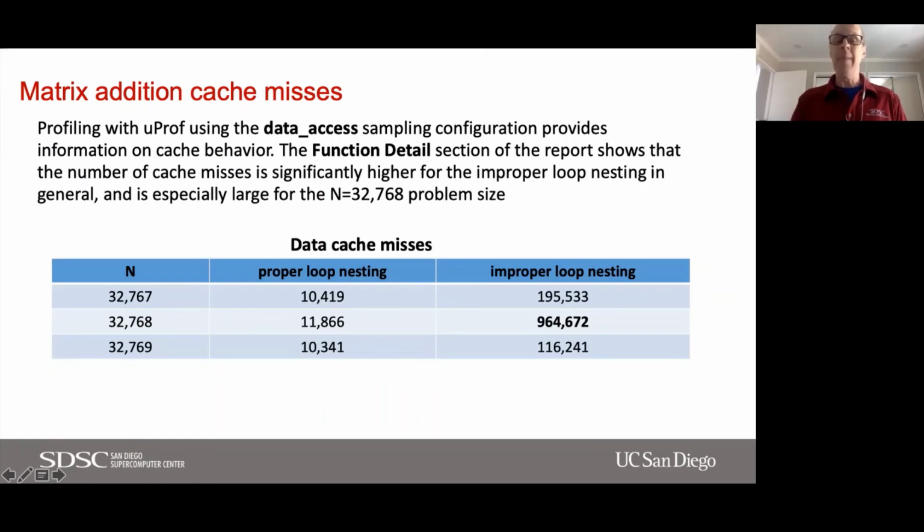When I use the improper loop nesting, it's much higher. At 32,767, it's about 195,000. At 32,768, it jumps way up to almost 1 million cache misses. And at 32,769, we're back down, in this case actually a little bit lower than when we used 32,767.